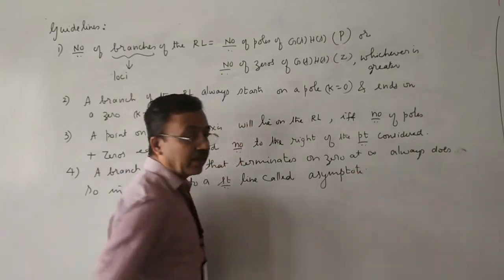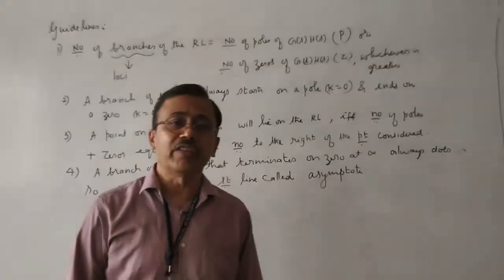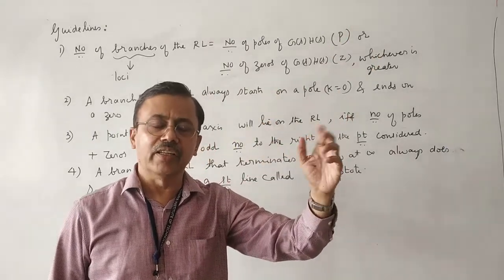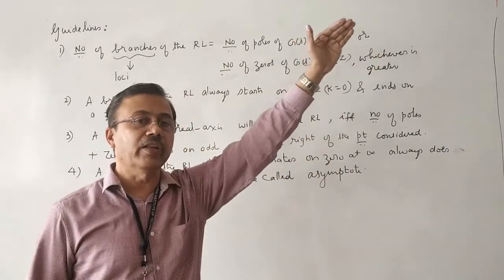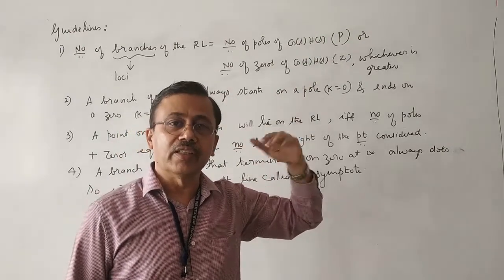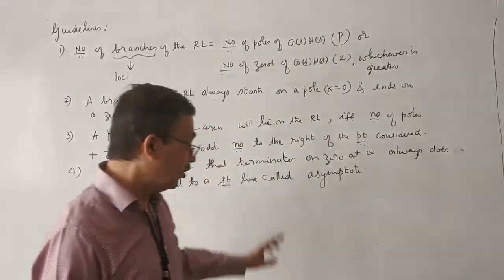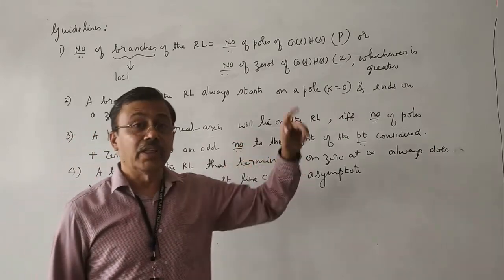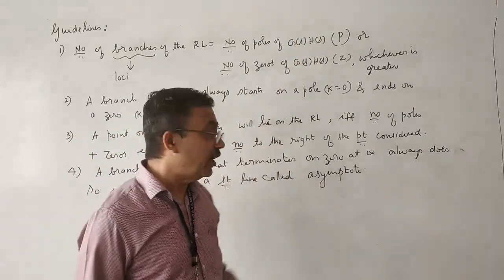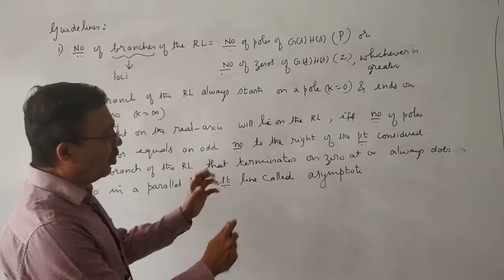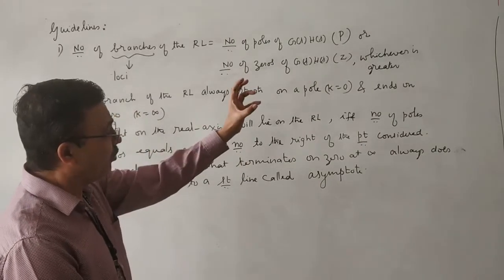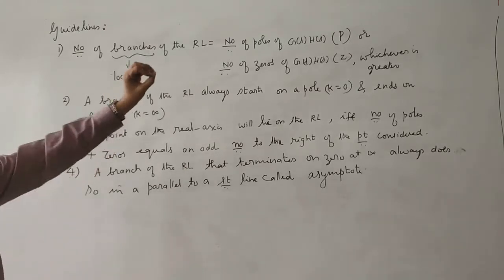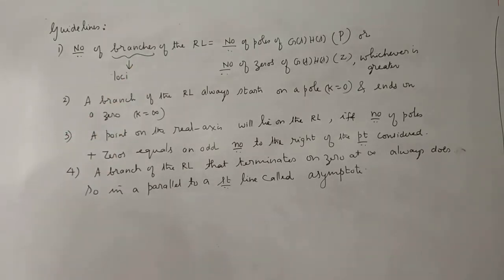In mathematics, an asymptote is defined as a straight line that meets the curve at infinity, a tangent to the curve at infinity. Or the asymptote will give the guidance for a branch to terminate on a zero at infinity.